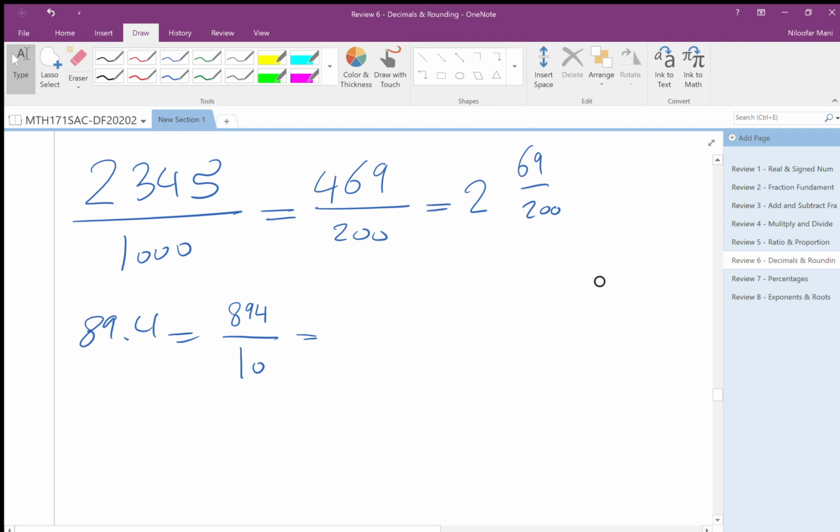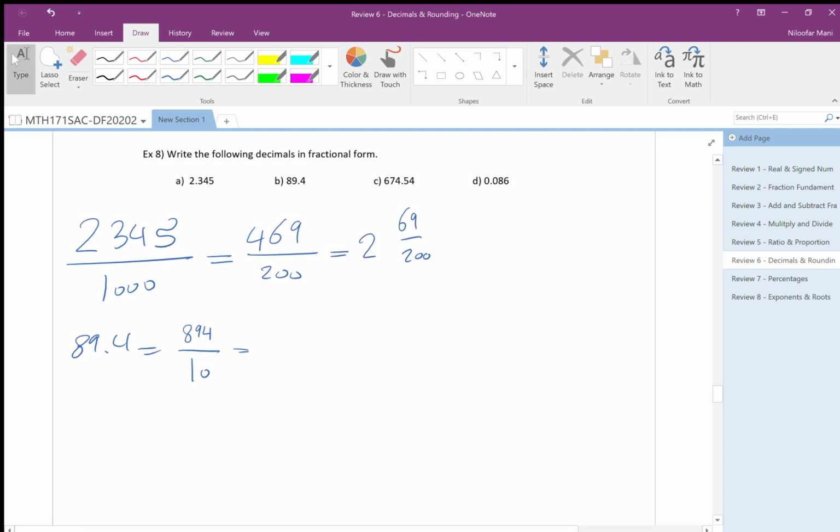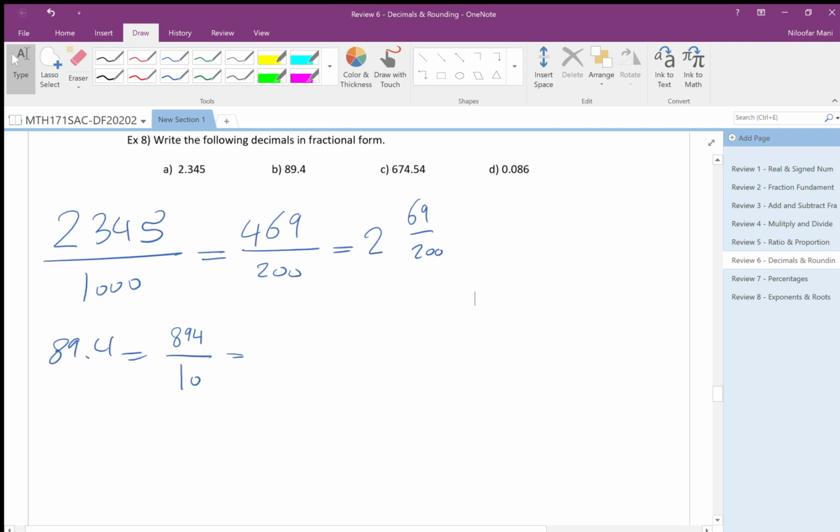Right now I have this one here, and maybe I can show you all the parts so that you don't miss anything. So this one I can cancel and simplify. Here I can divide 894 by 2, which is 447 over 5.